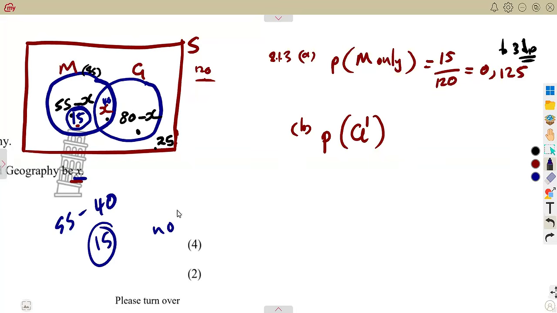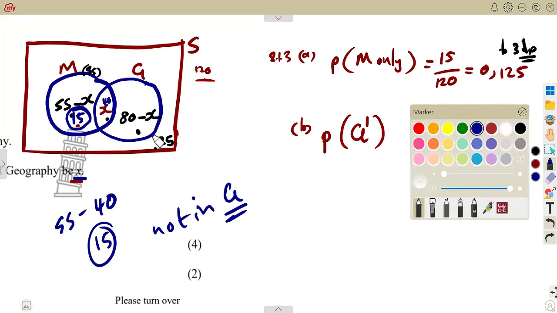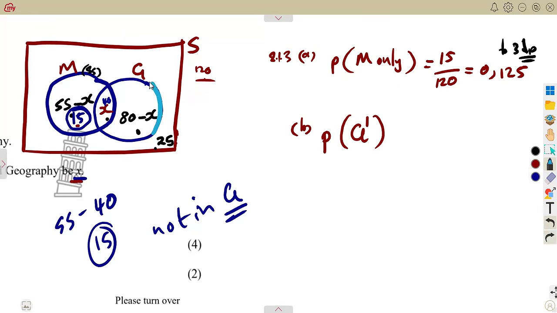So it's not in G. This is your G, this one. When you talk about G, you surround it. G is like this. This is set G. We are not talking about G only. We are talking about the whole of G. But we are saying not in G. That is what this complement means.